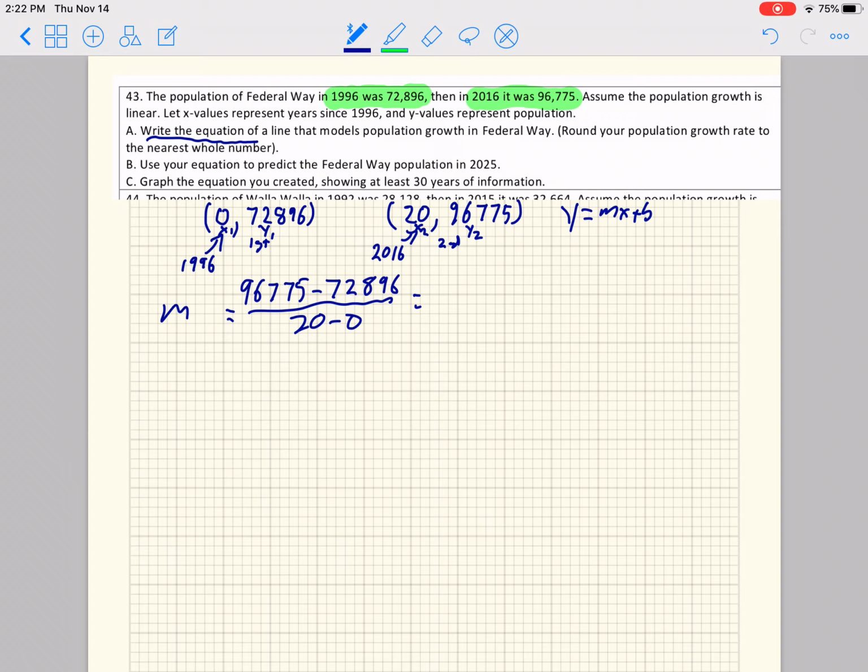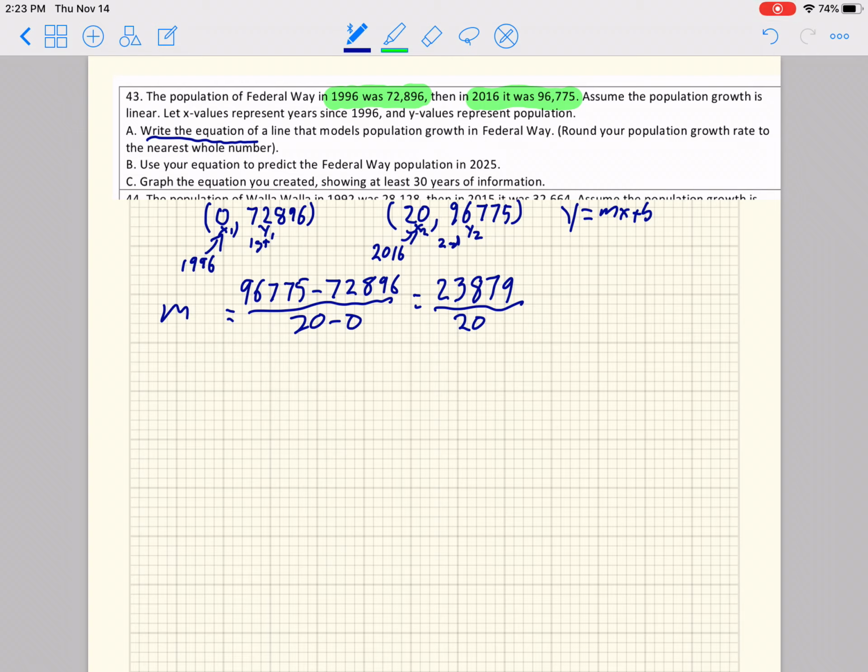I'm going to use my calculator for this top one. 96,775 minus 72,896. That gives me 23,879 over 20 minus 0. It's just 20. So what happened is, over the course of 20 years, 23,879 more people now live in Federal Way.